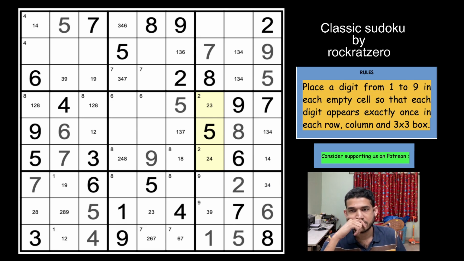Okay. These would be 1, 3, 4, right? So 6 goes here. And that eliminates the 6 from here. That's a 3 and a 4. Do we have something here?